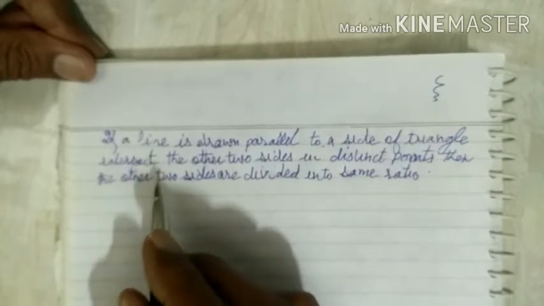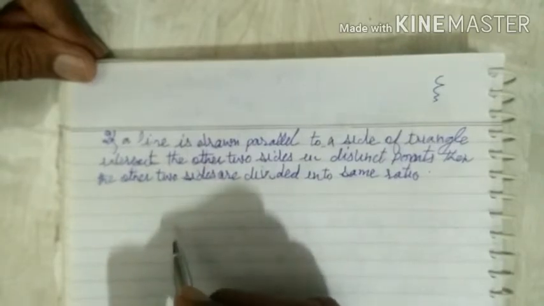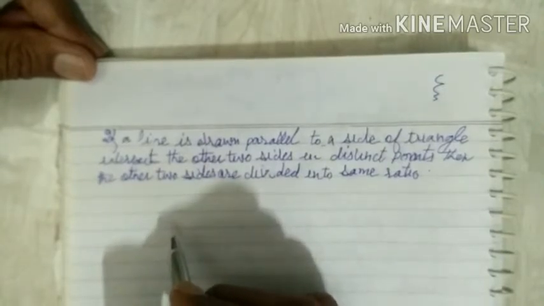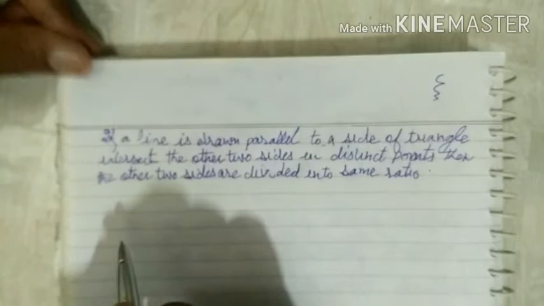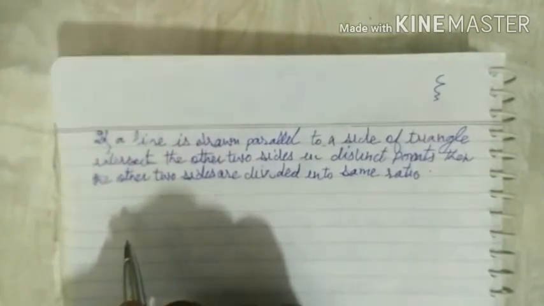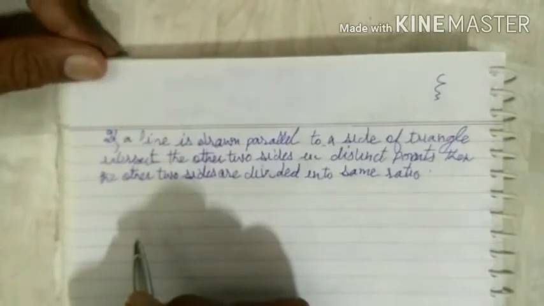If a line is drawn parallel to a side of a triangle to intersect the other two sides in distinct points, then the other two sides are divided into same ratio. In this statement, we have given figure and to prove. First of all, we will make the figure.